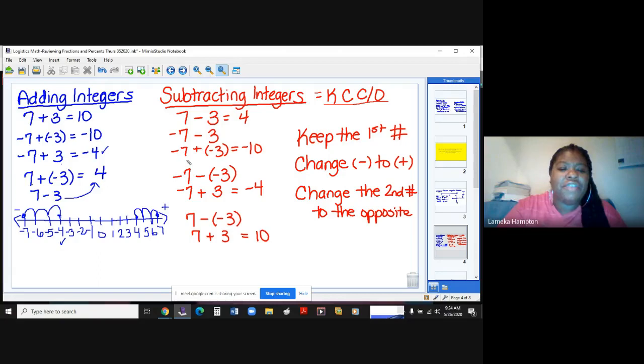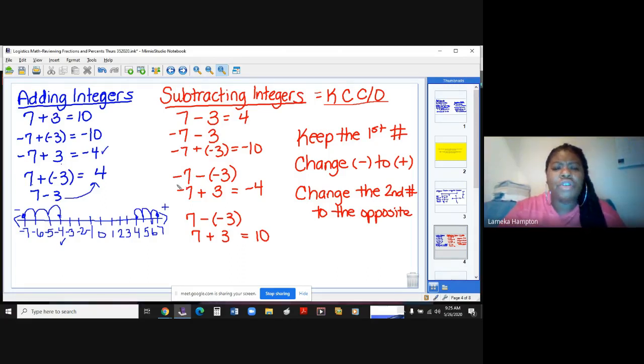So I have -7 plus -3, and that gives me a -10. Okay. So you're going to see as we continue to go along that when you are actually subtracting integers, you're really adding them. So remember, if you know how to add, then you know how to subtract. That's why I said that earlier.